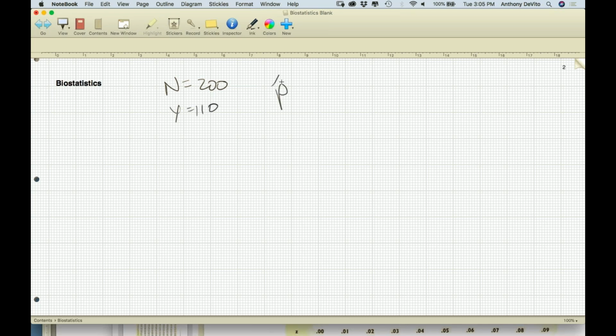So my P cap is 110 over 200, or 0.55. So tell me, what is our 95% confidence interval for the true value of P, the true proportion for the entire population?